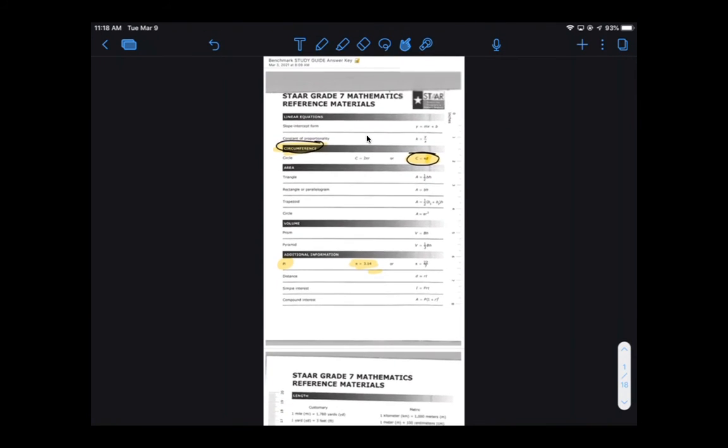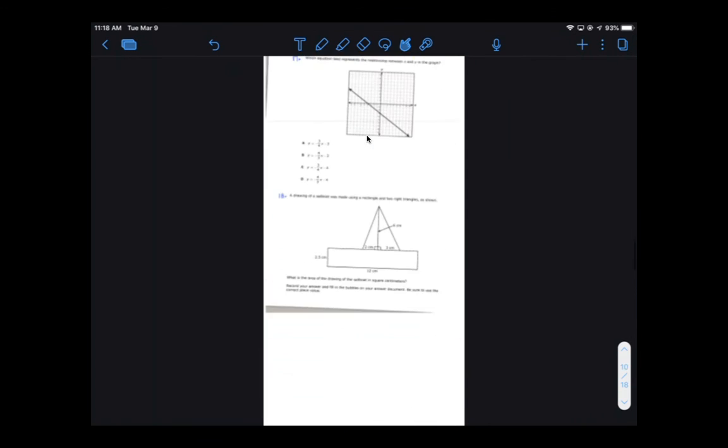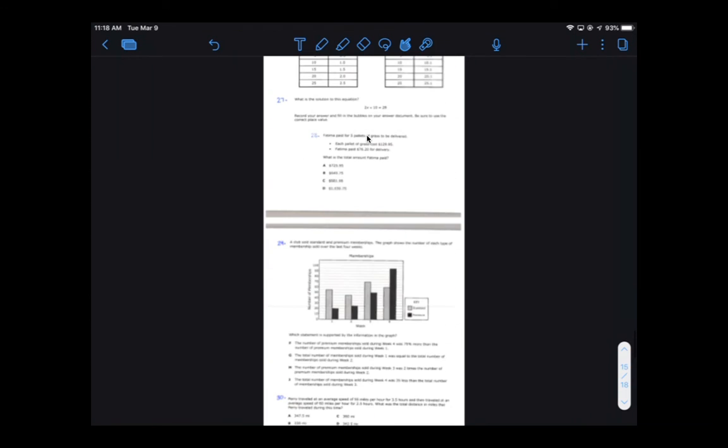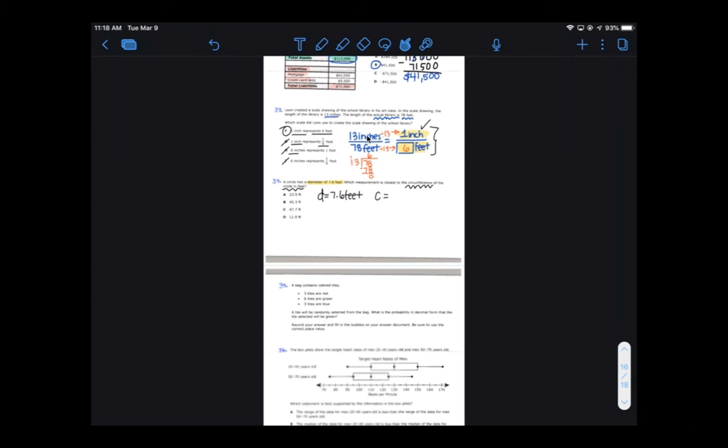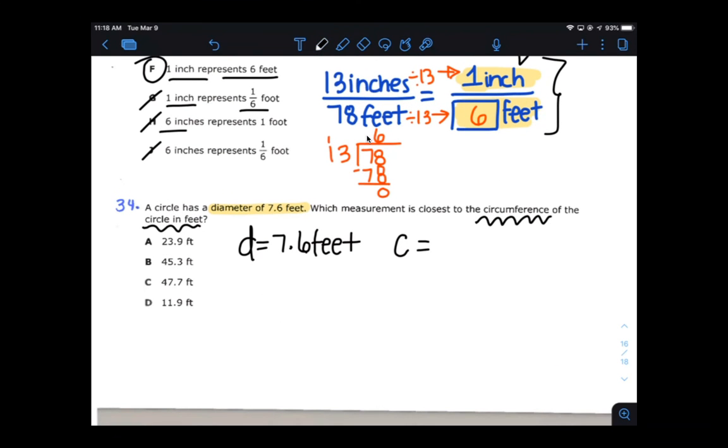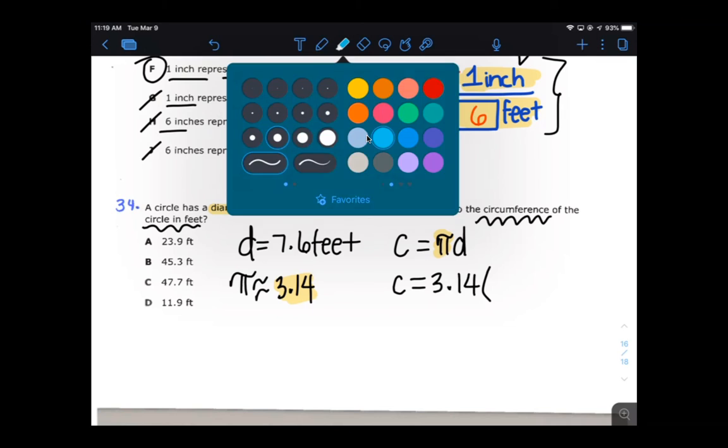So I go back to problem number, what was it, 30 something? 34. Okay, I'm going to write circumference equals pi times diameter. I'm going to write here pi is about 3.14. So now I'm going to substitute. Circumference equals pi. Here, I'm going to write 3.14 times, what is the diameter in this problem?